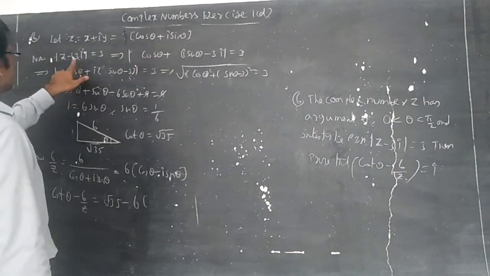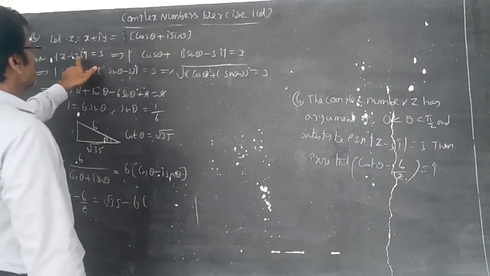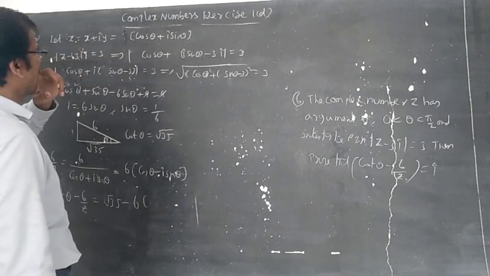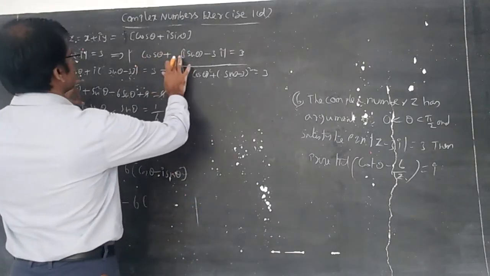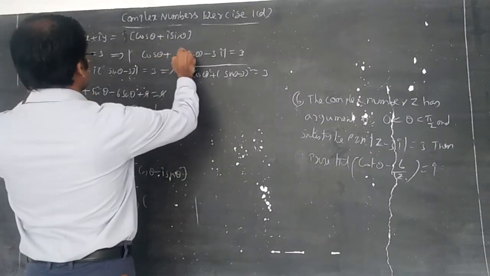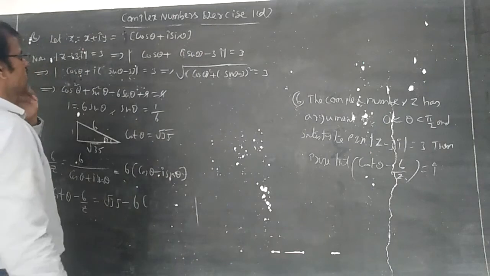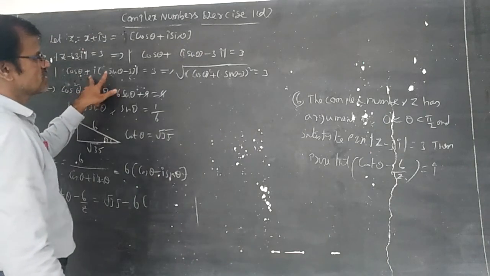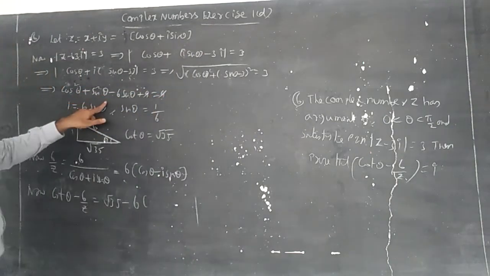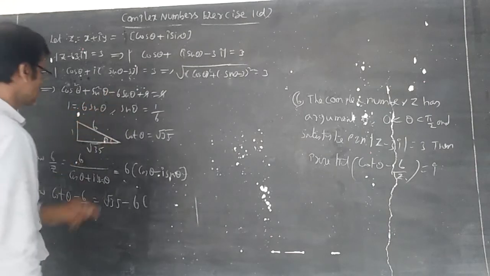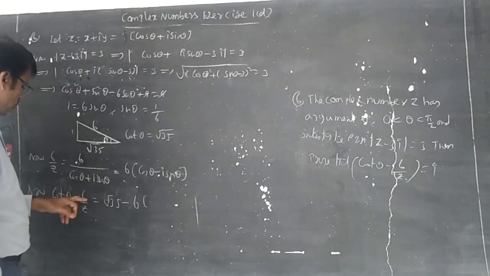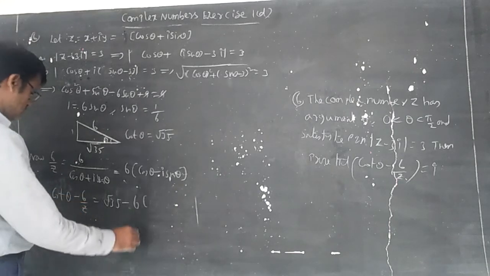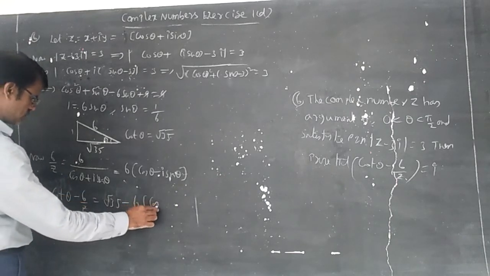Minus 3, correct only. I taken mod of cos theta plus I sin theta minus 3 whole square, cos square theta plus sin square theta minus 6 sin theta plus 9, everything okay. It is also okay. 6 by z. Now we need to calculate here 6 into cos theta minus I sin theta.